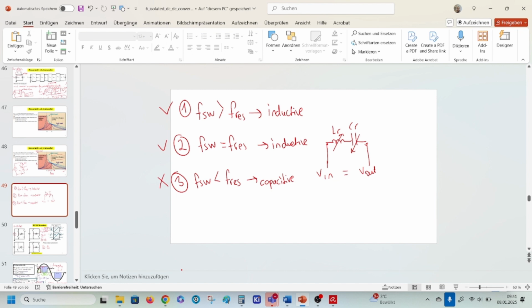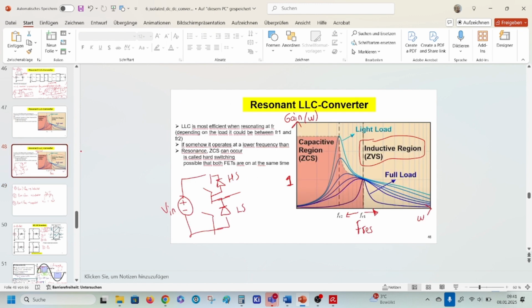Any questions? Why are there two regions where it's resonant, the two FR1, FR2?